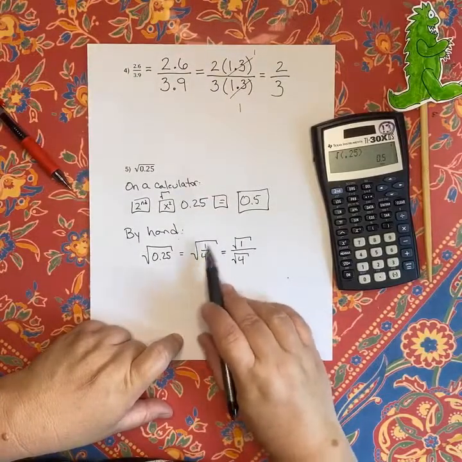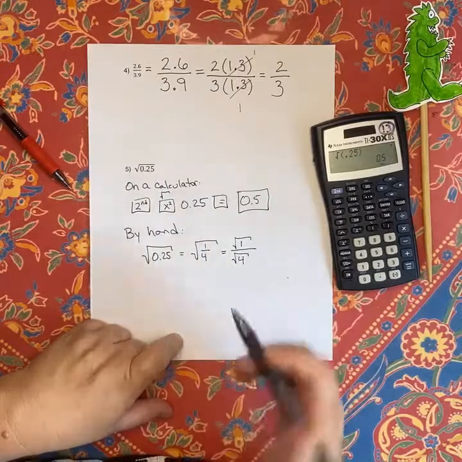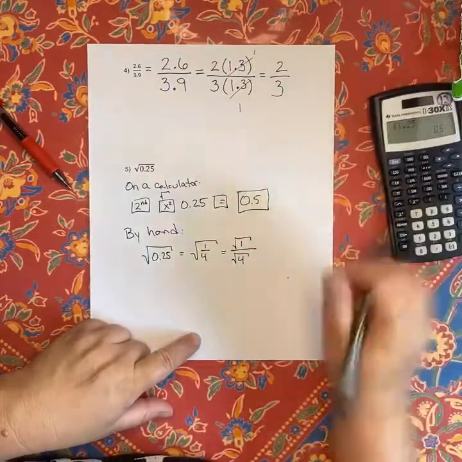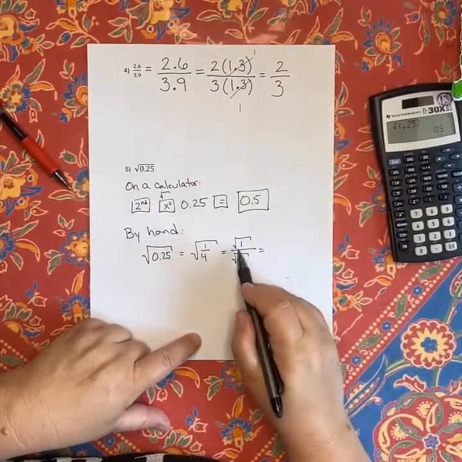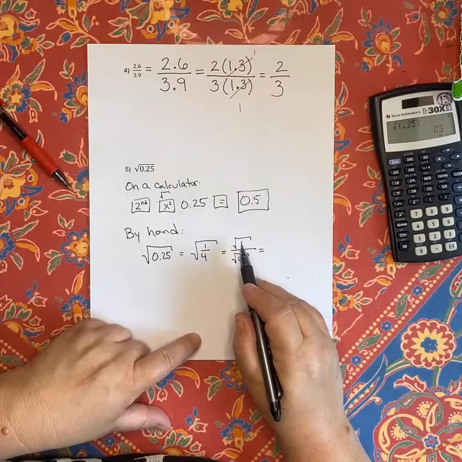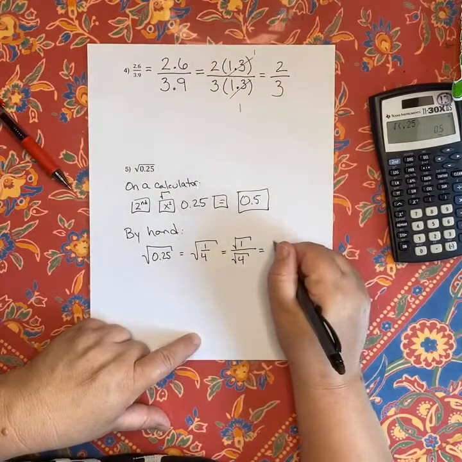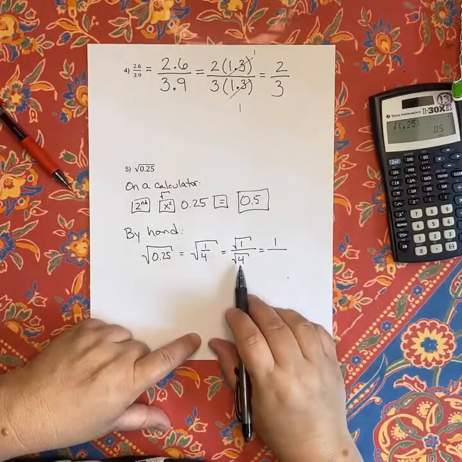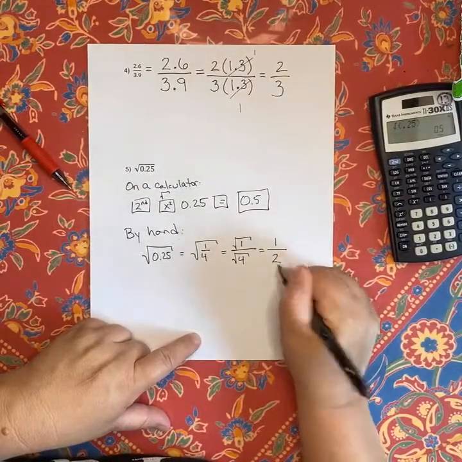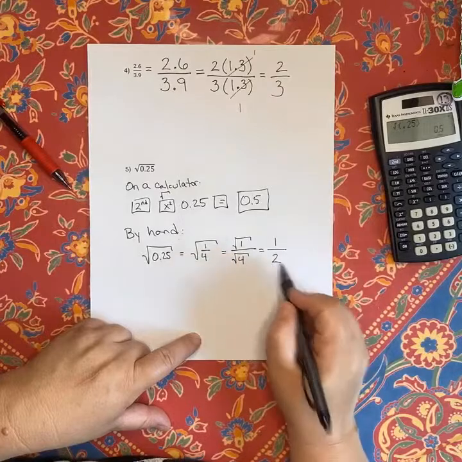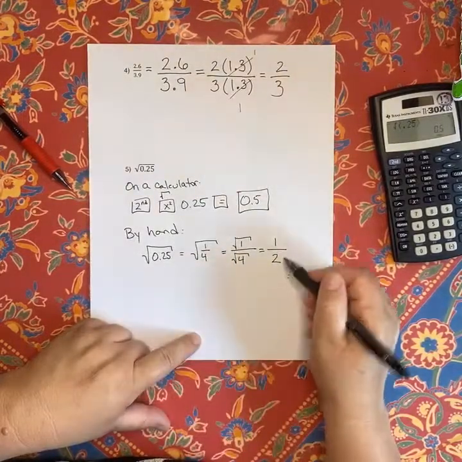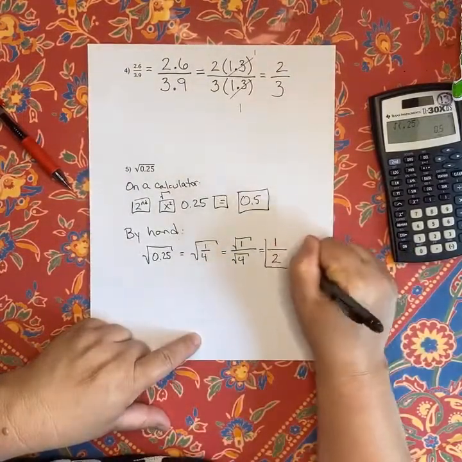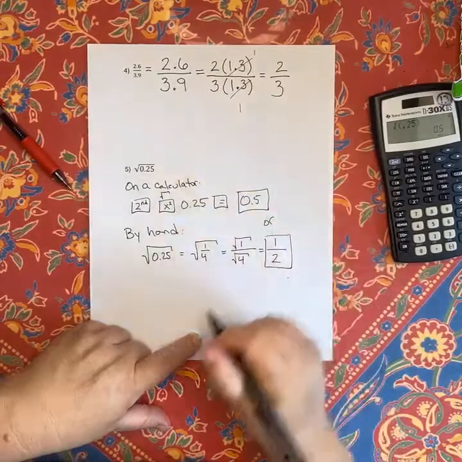If you know how to find radical 1/4, awesome. If you don't, split up the radical and take it in pieces. Principal square root of 1 is 1. Principal square root of 4 is 2. Remember, if it's just the radical sign, we want the positive one. And we get 1/2, which is equal to 0.5.